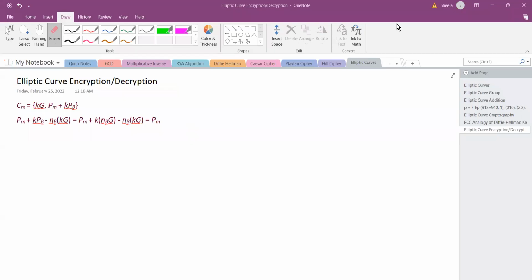Hello everyone. Now we are going to discuss how to do encryption using elliptic curve cryptography.